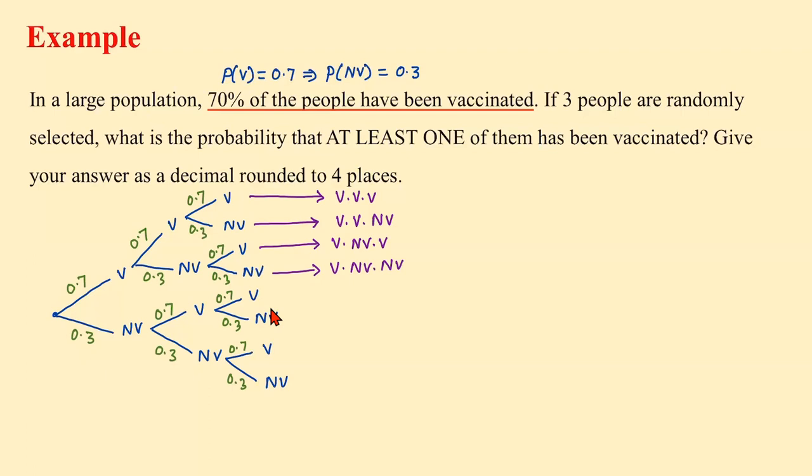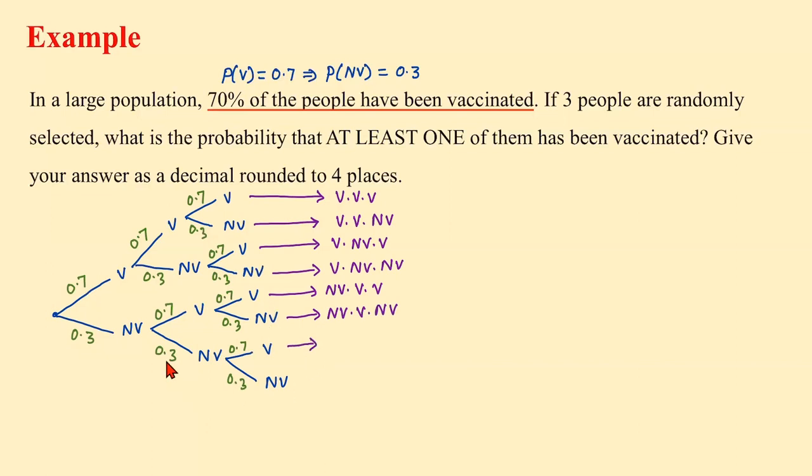Now, if you go here, you can see the first is not vaccinated, the other 2 are vaccinated. Next one here, first is not vaccinated, second is vaccinated, third is not vaccinated.